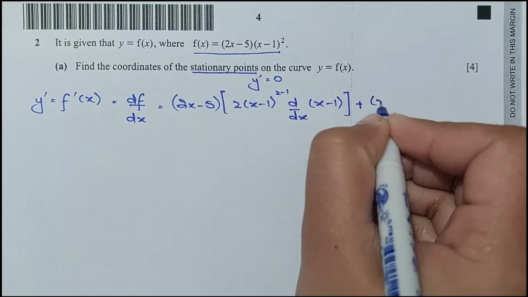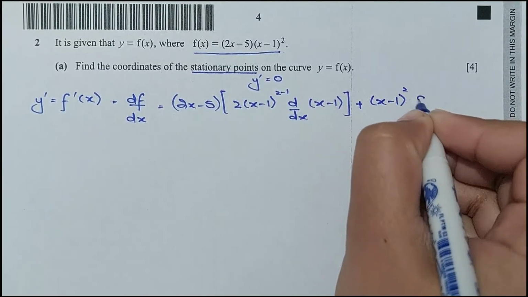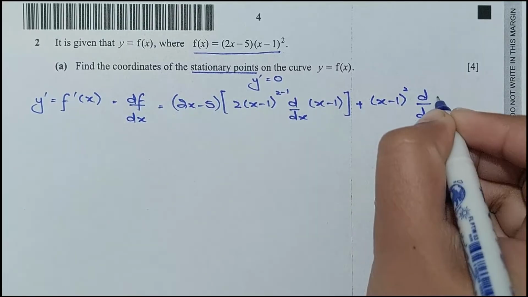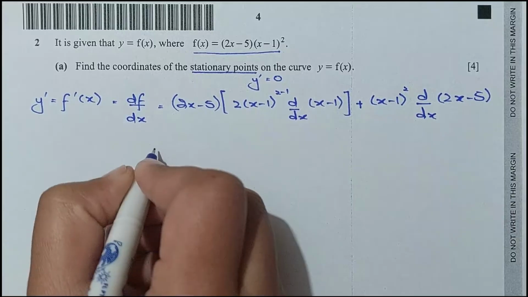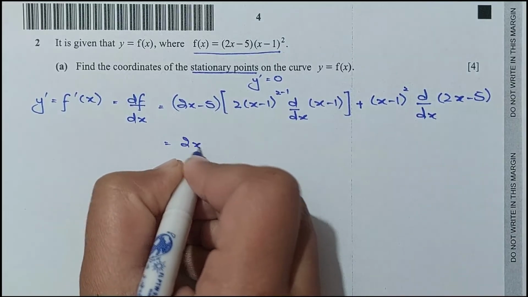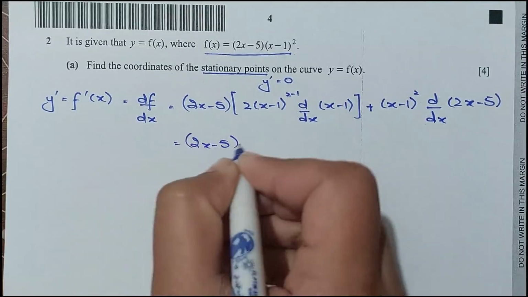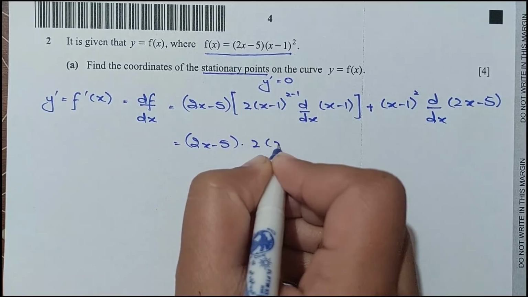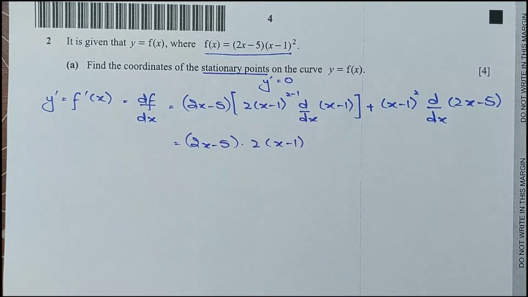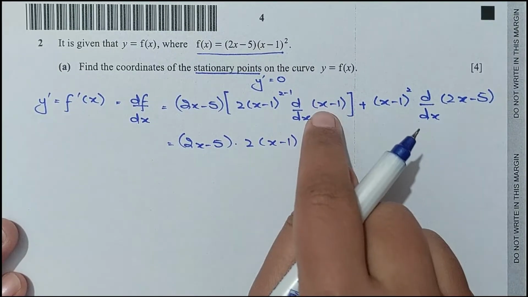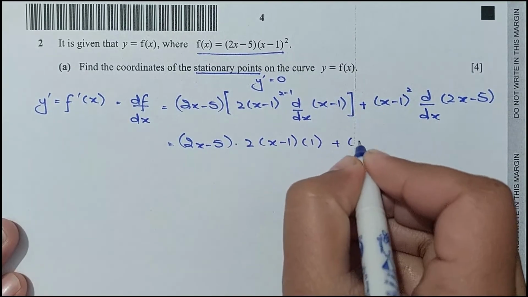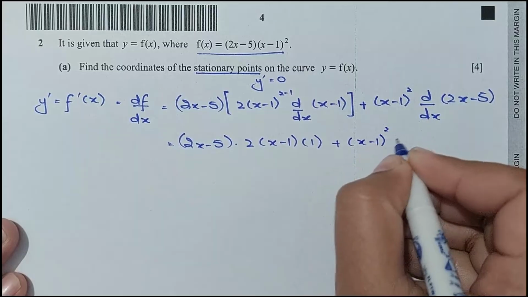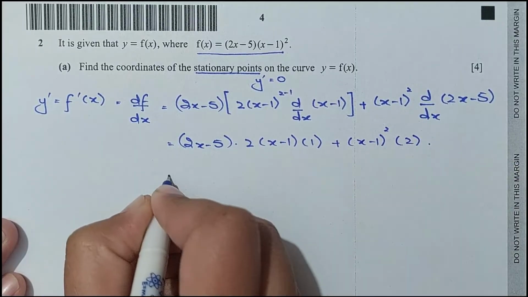Plus the second function stays the same, times the derivative of the first function, d by dx of 2x minus 5, which is just 2. So simplify: this is 2x minus 5, and here we have 2 into x minus 1. 2 minus 1 power is just 1, and the derivative of x is 1 and the derivative of the constant is 0. So times it by 1, plus x minus 1 squared, its derivative is 2.